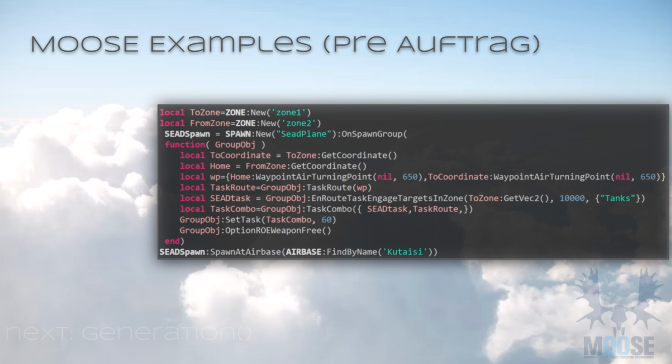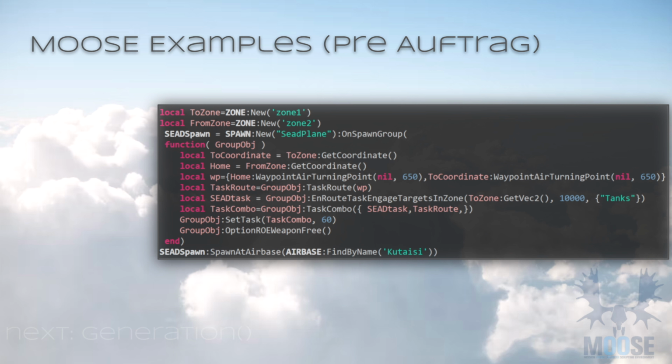The mission task here is a table WP for waypoint, and we're going to make an air turning point from home and an air turning point from the two coordinates, and that gives us the from and to for the mission route. The third part of this, we're going to create that waypoint as a task route, and that makes sure it is a mission.